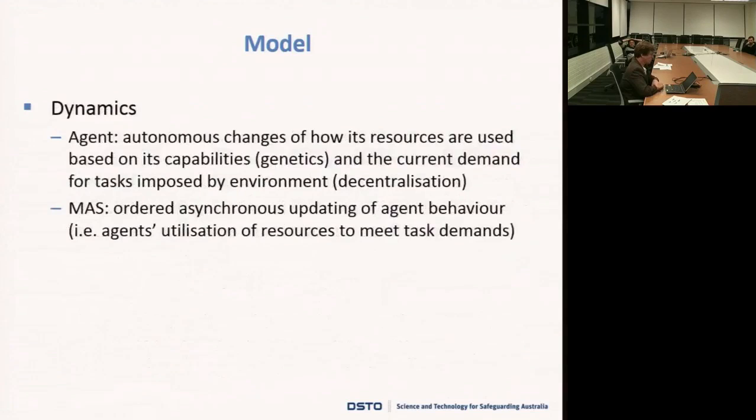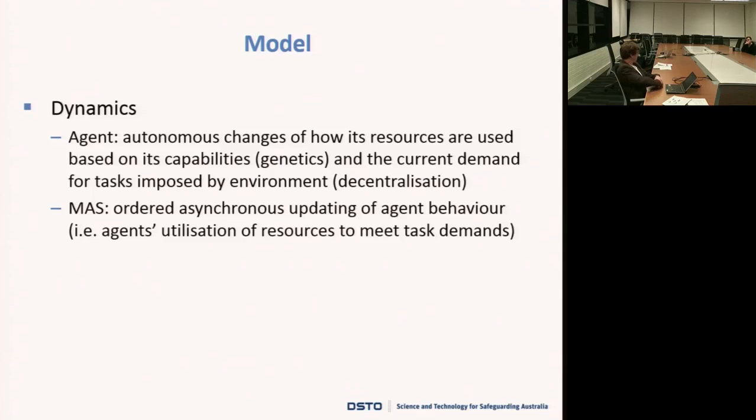Now, what do we do actually in the model when, let's say, there is a scenario that poses demands? We have some dynamics, and the individual vehicle agent pretty much makes decentralized decisions. It looks around and asks, is there a demand that I can fulfill?